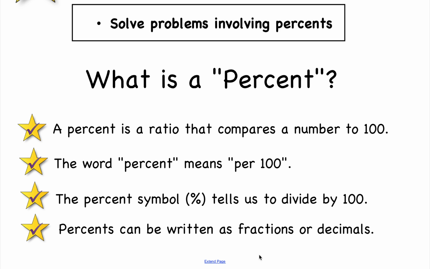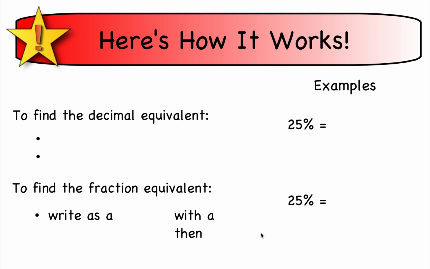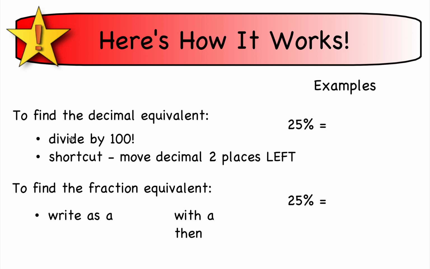Percents can be written as fractions or they can be written as decimals, and we'll talk about how to do both of those representations. So here's how it works. To find the decimal equivalent of a percent, you have two options. You can divide by 100 on your calculator and drop the percent sign, or you can take the shortcut and just move the decimal 2 places to the left.